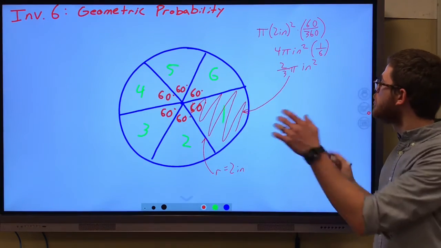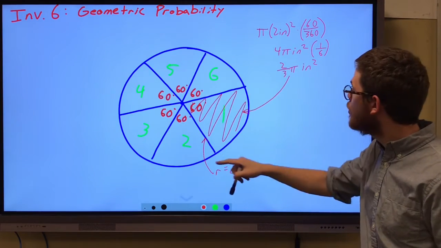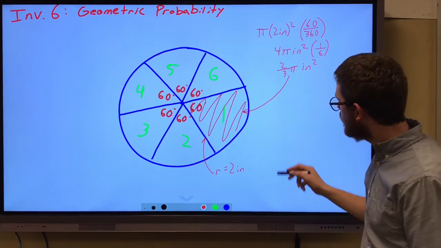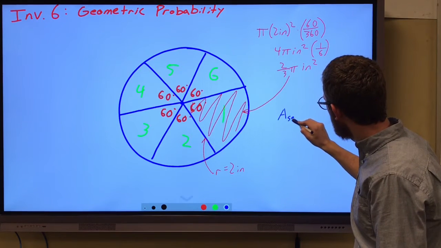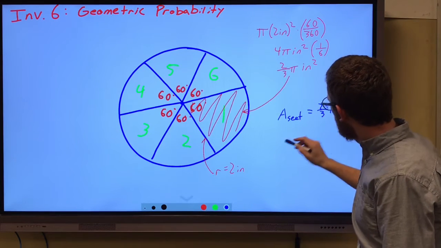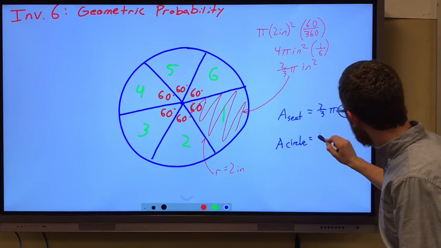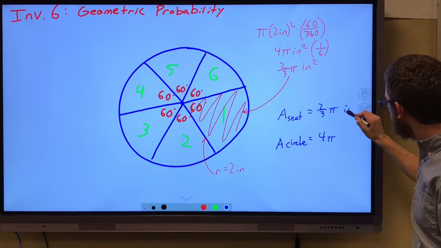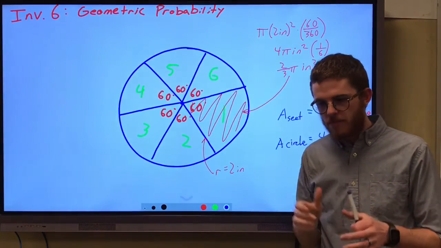Well, what's the area of the whole circle? The whole circle, we found earlier, the area of the whole circle would be 4 pi square inches. Okay, so the area of the sector, two-thirds pi. The area of the circle, 4 pi. And remember our definition of probability.